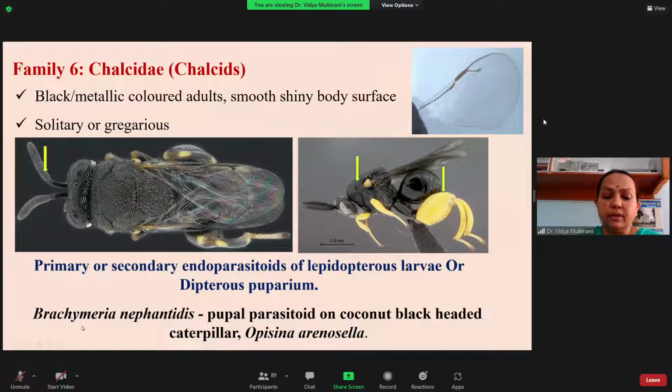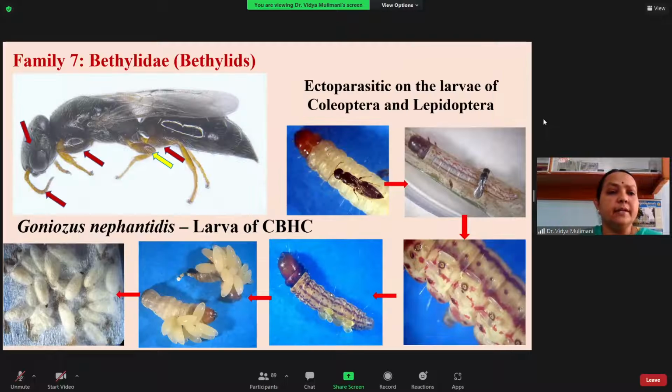That is the example I'm giving you, Brachymeria nephantidis. Remember, it is black in color. Some species are metallic, as I have mentioned here, but many of them are black. The hind femur is enlarged and the antenna is geniculate. That you remember.